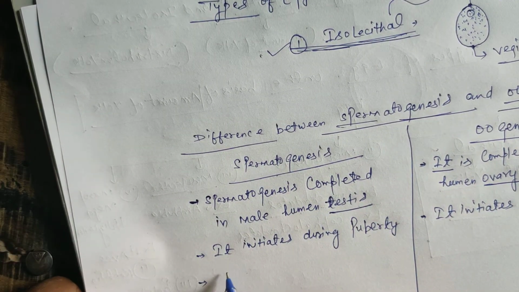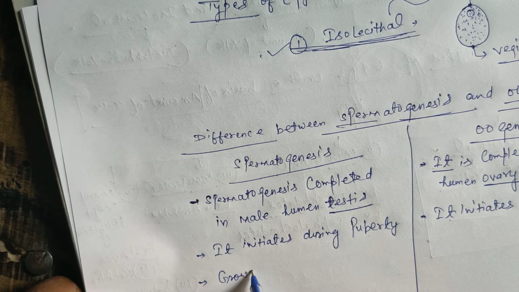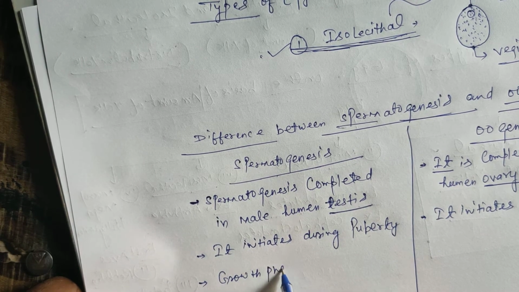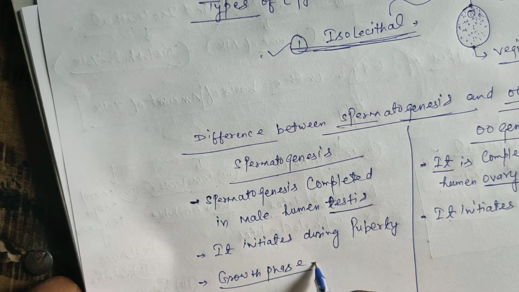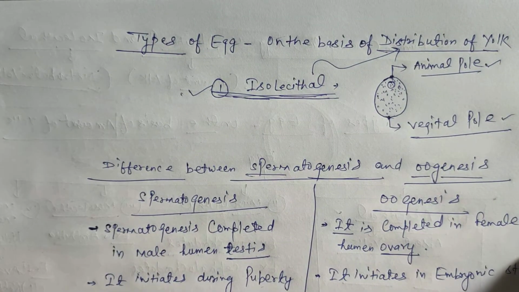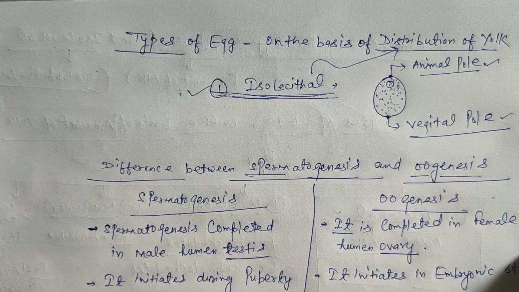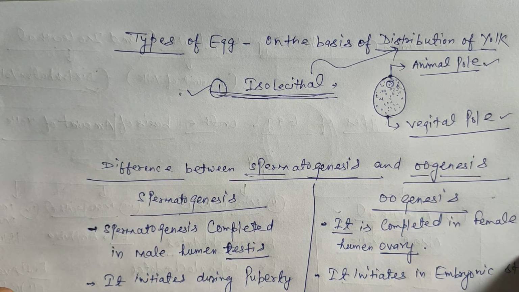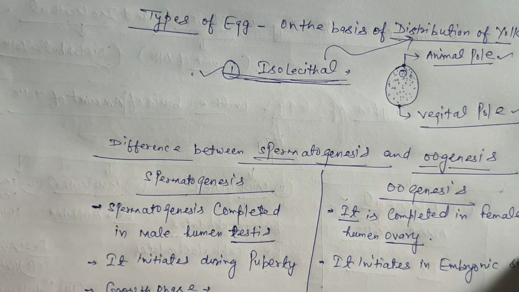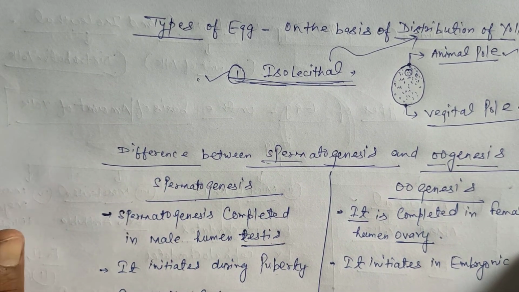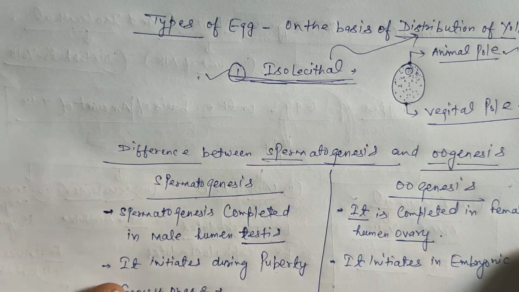Next, spermatogenesis is completed in 2 phases. First is formation of spermatid, second is spermiogenesis or spermateliosis. Formation of spermatid is completed in 3 other phases. First is multiplication, second is growth phase.